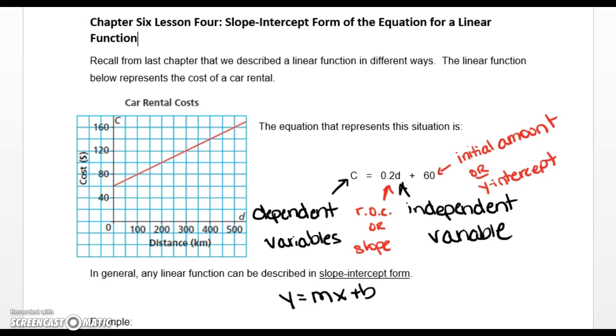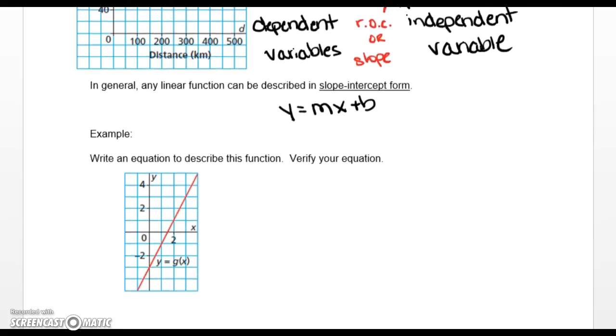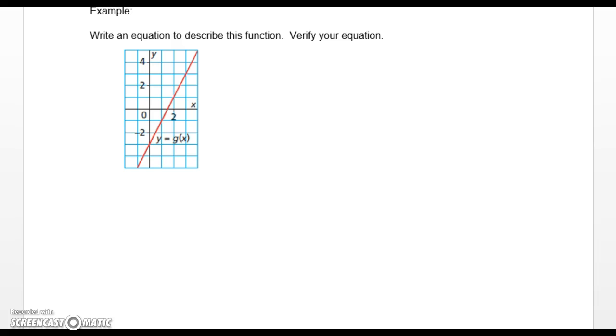Now we're going to look at example number 2 from your notes, where we create an equation in slope-intercept form, given its graph. Here we're going to write an equation to describe the function shown in this graph below, and then verify our equation.